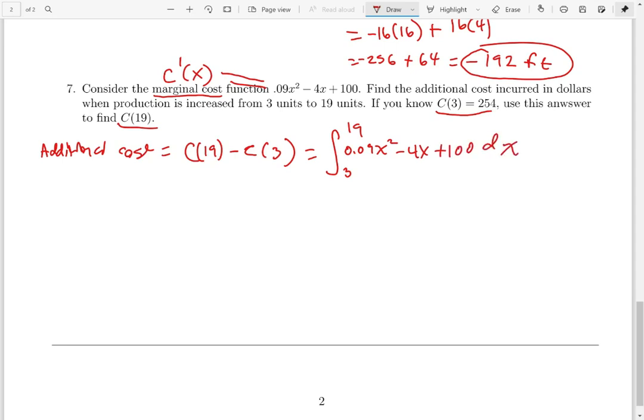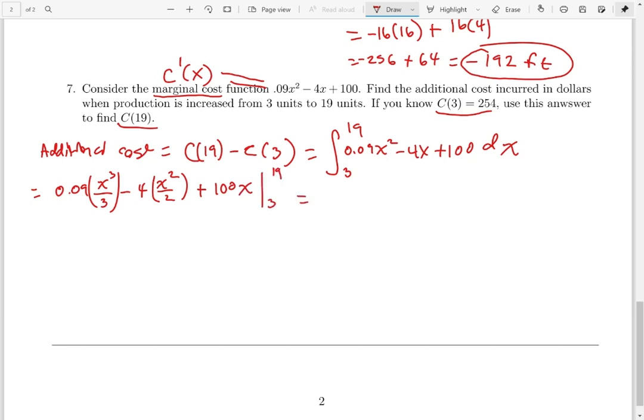And so if I want to find this antiderivative, this is going to be 0.09 times x cubed over 3 minus 4 times x squared over 2 plus 100x, with limits of integration 3 to 19.